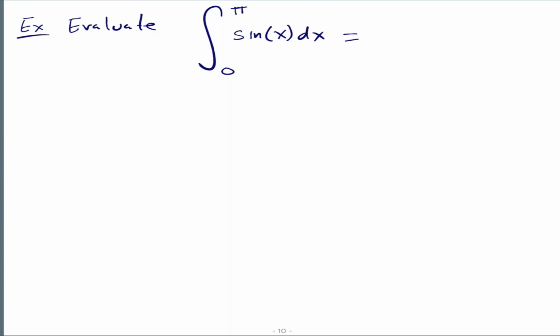Which is? Minus cosine x. Well, notice you don't put the plus c. So notice we haven't been putting the plus c. How come?